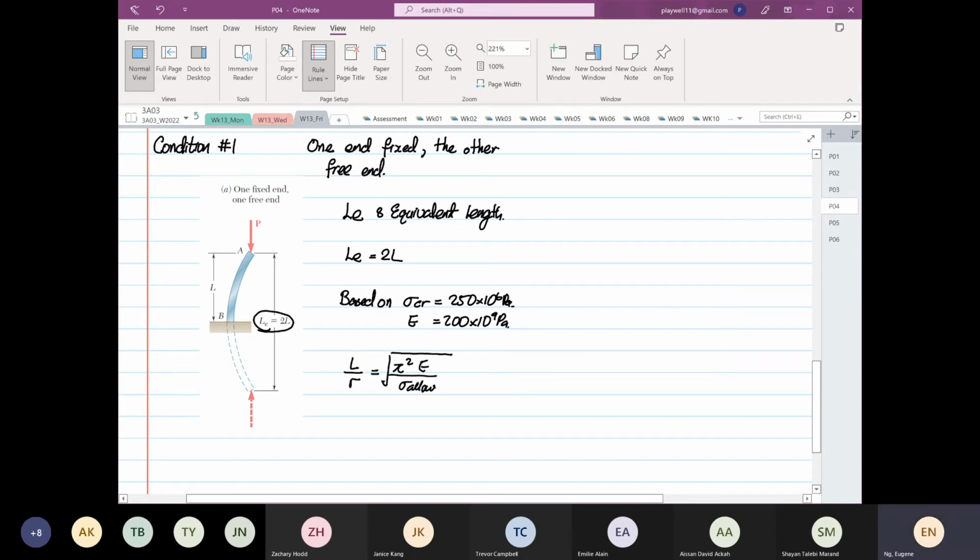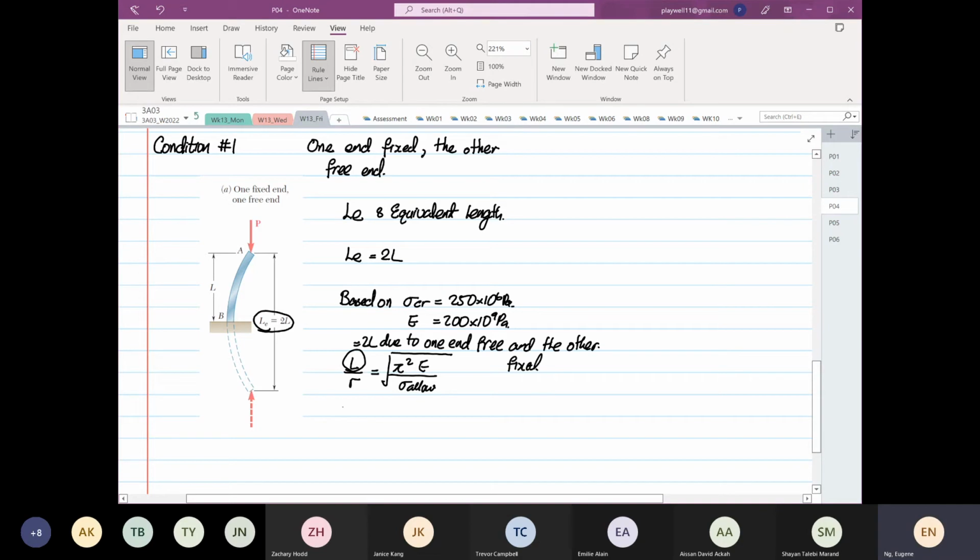Okay. So now our LE is equal to what? 2L, due to one end free and the other fixed, right?